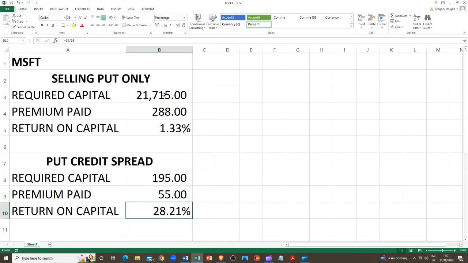So you can see the reward is higher on the put credit spread compared to the reward for selling a put only. The difference, however, that must be noted is if the price of Microsoft drops below the 220 mark for selling a put only, you don't necessarily lose this 21,715. What you have to do is buy Microsoft at $220 per share, and you're buying 100 units of Microsoft.